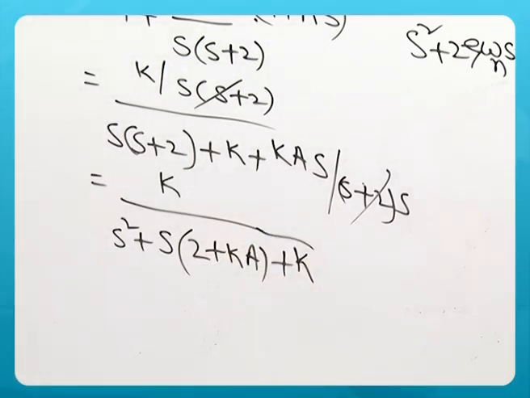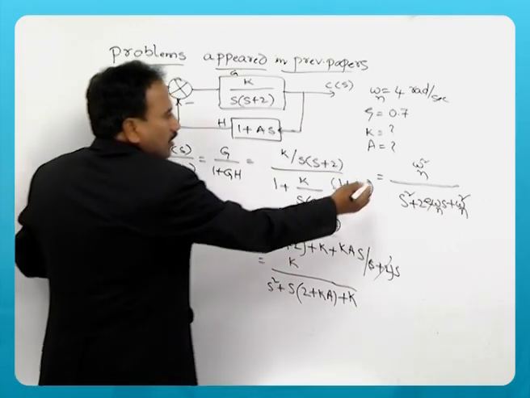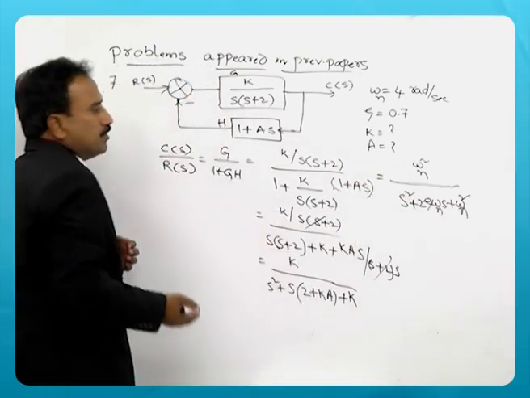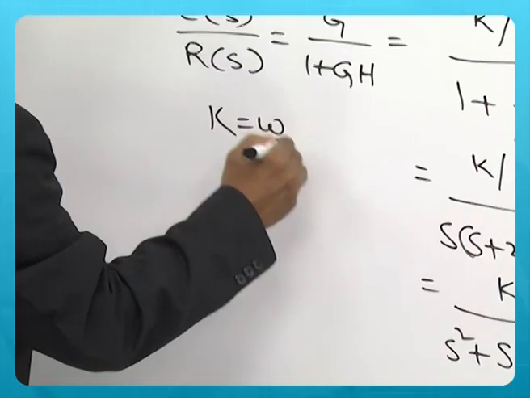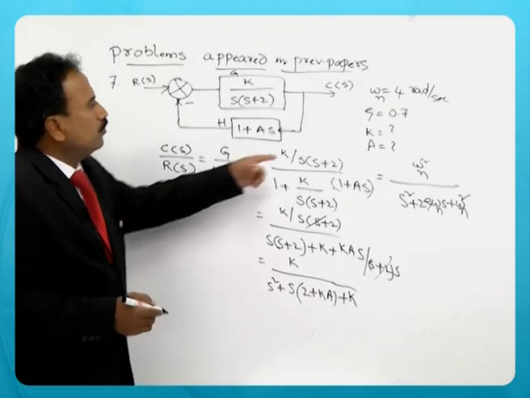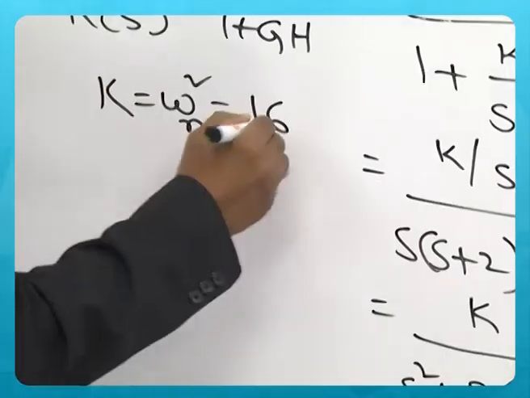Now, you can see that the numerator term is k, whereas with the standard second order system it is omega n square. So, k is equal to omega n square, where omega n is given as 4 radians per second. So, k value is 16.